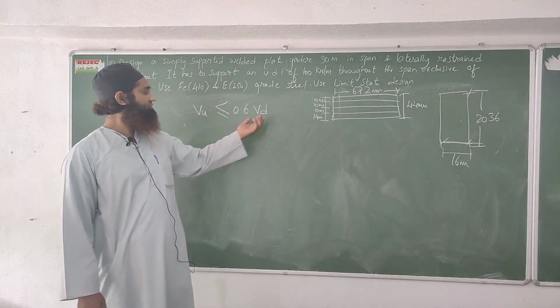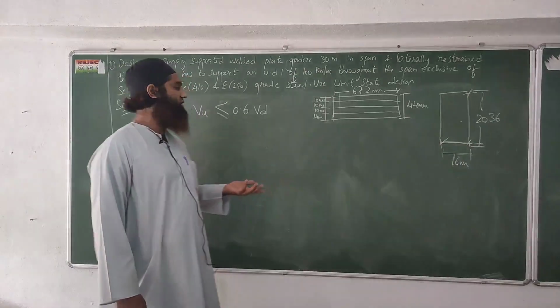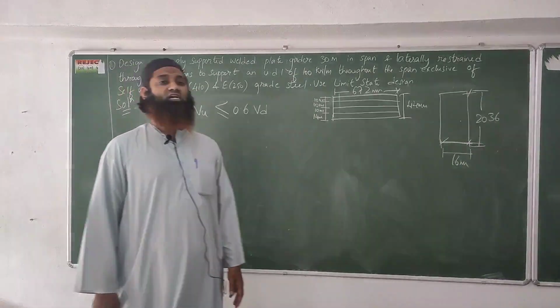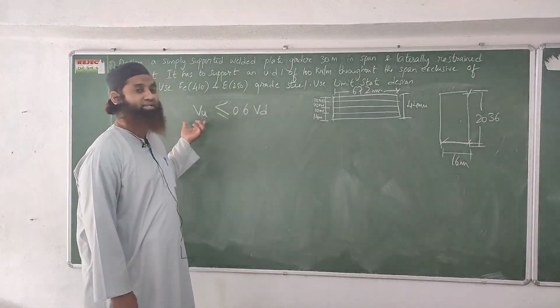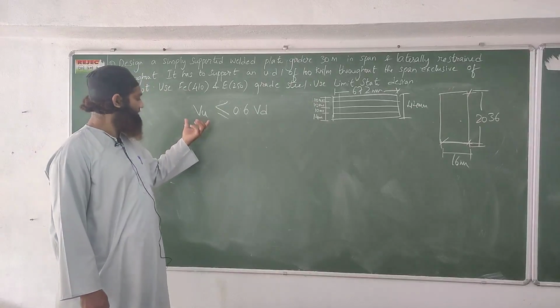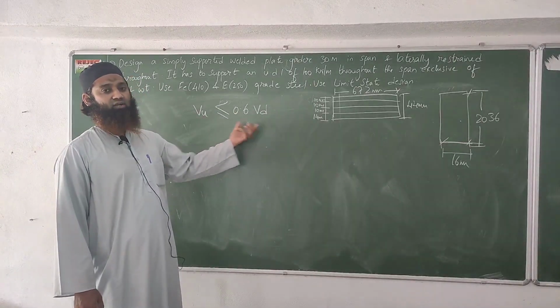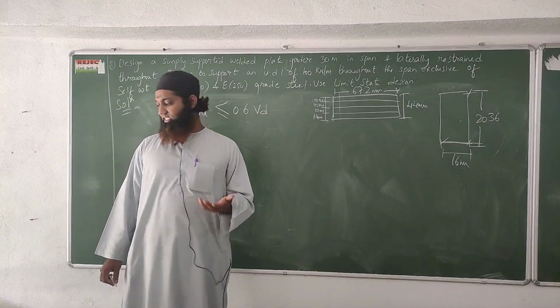You can calculate that value of VD, and after substituting you must have got some value. VU was less, so therefore it was safe in shear. We'll have to see the value of VU that we get from the maximum shear force. That should be lesser than the design shear. Okay, fine. Till here it was okay. Now for the next step we'll see step 6.